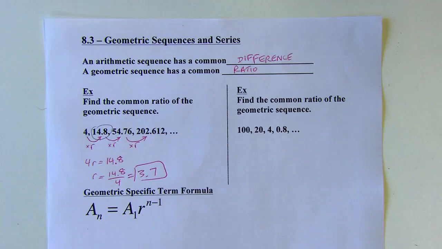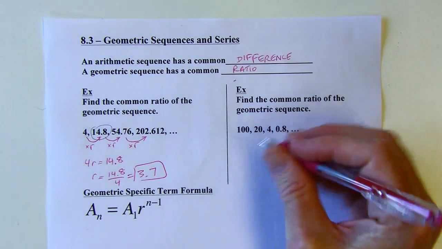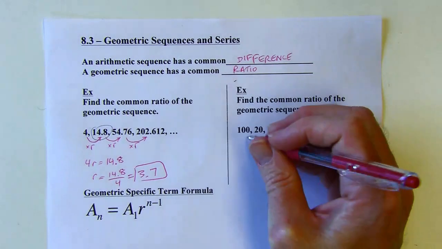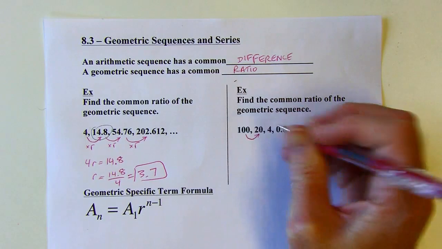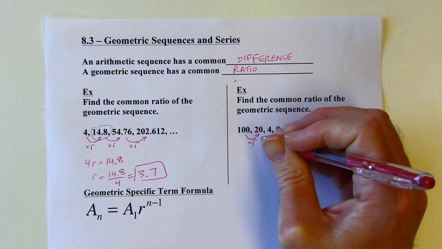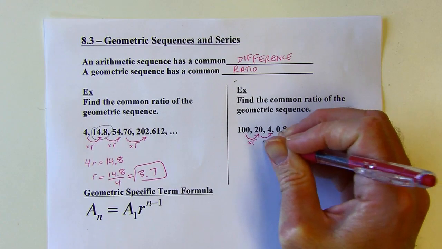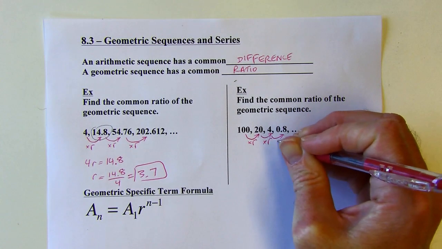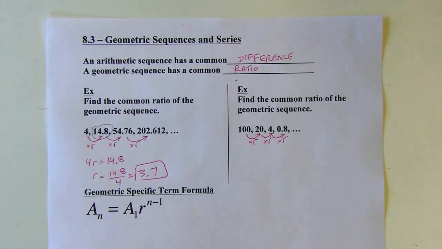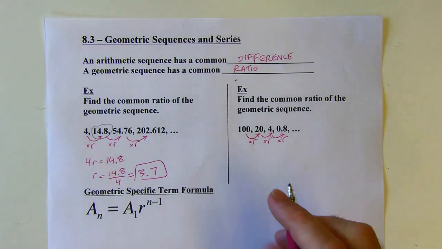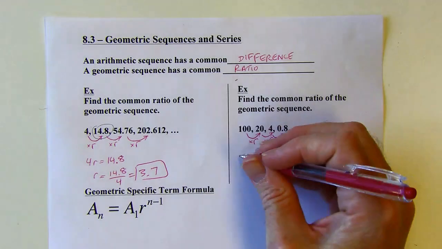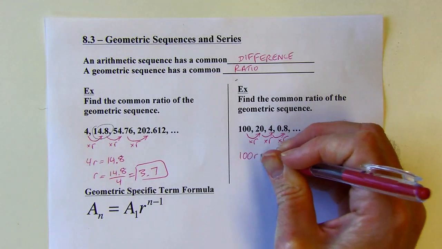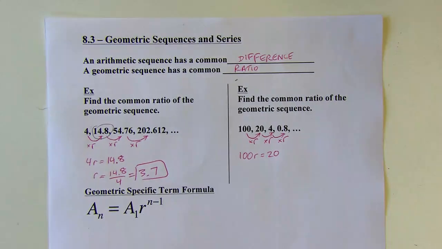Okay, so there's 3.7. Now these numbers are getting smaller, but you can still multiply 100 by something to get 20. And you might think, can I just divide? Well, yeah, division is just multiplication. It's multiplying by a reciprocal, right? Let's set up our little formula.